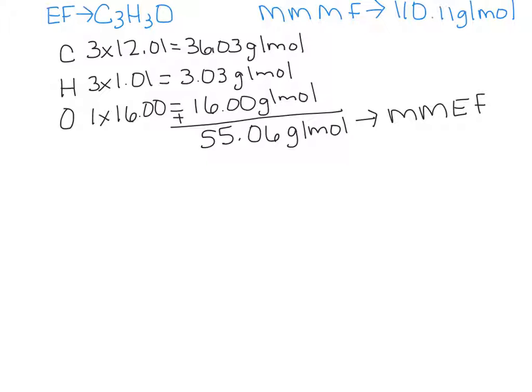All right, step 3, we want to divide our molecular formula's molar mass by the one we just calculated. So we're going to bring down that molar mass from the problem, and we're going to divide it by the one we just calculated.